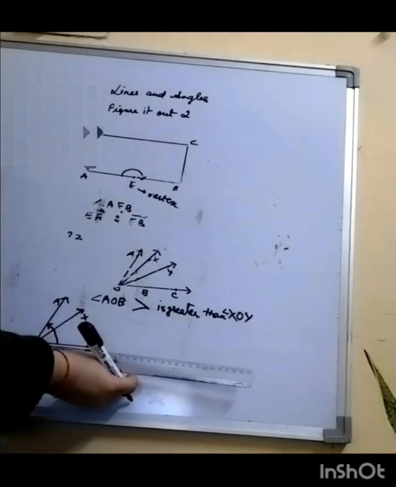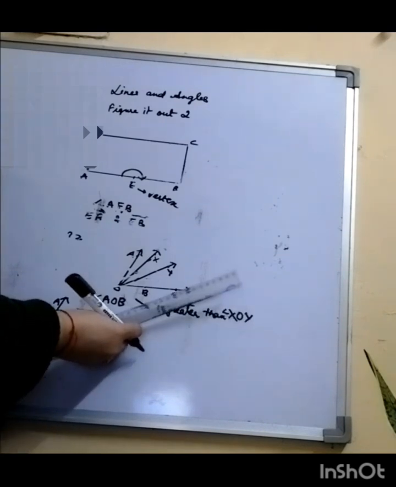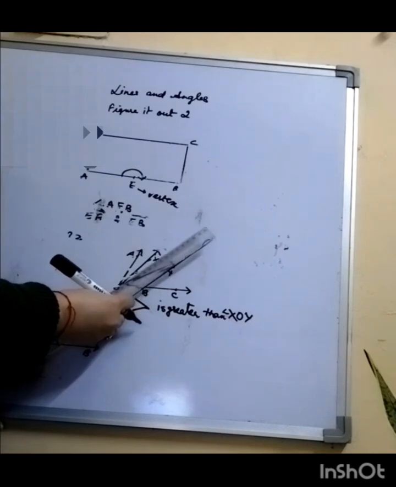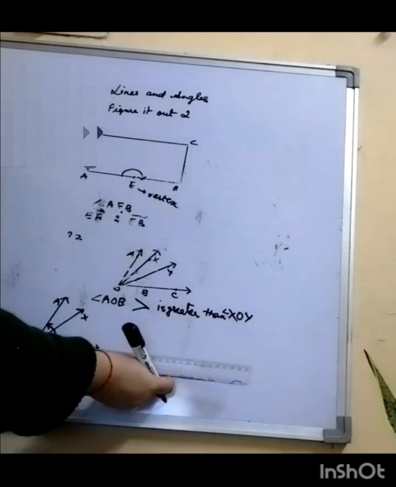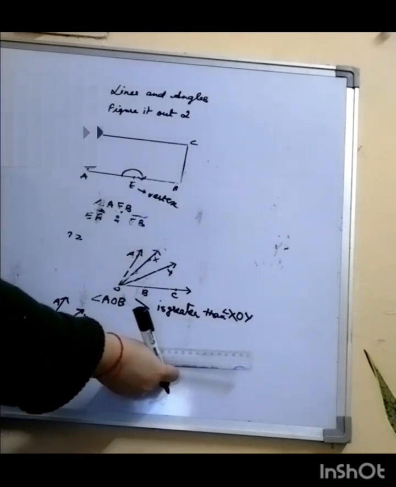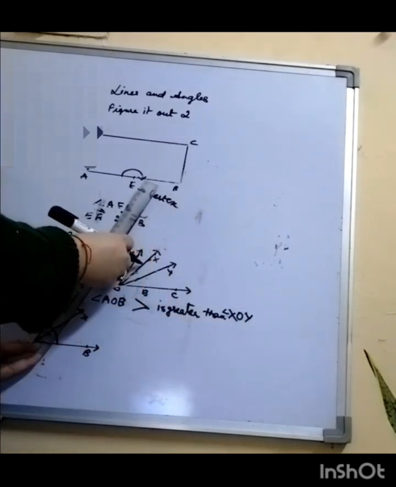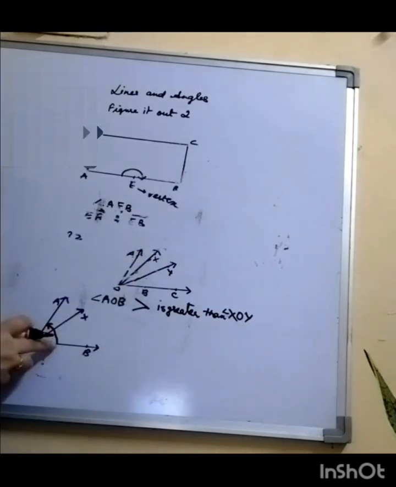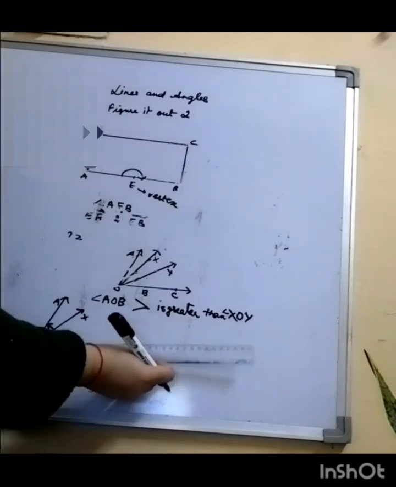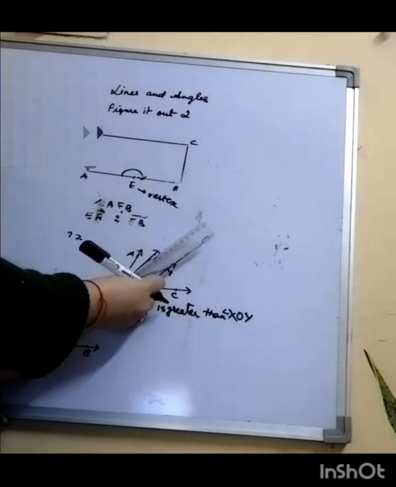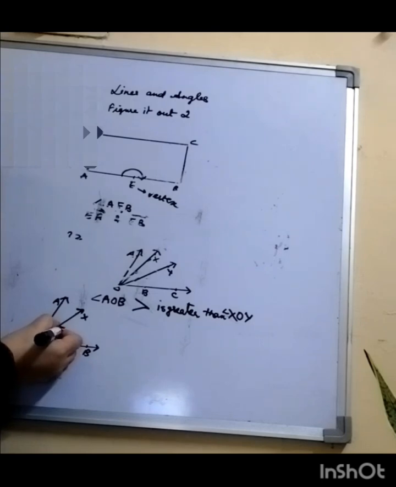In the second case we will again start with OB and turn till OX. So in both the cases you can see AOB, see from here, I am turning the scale till OA. So it is this marking, and then turn the scale till OX. So this marking, reach OX.